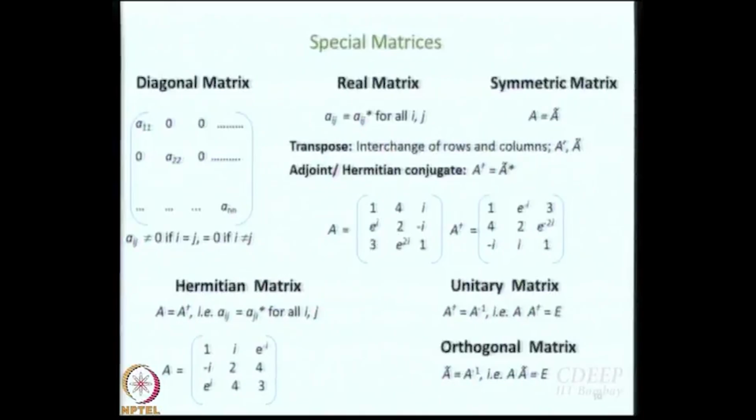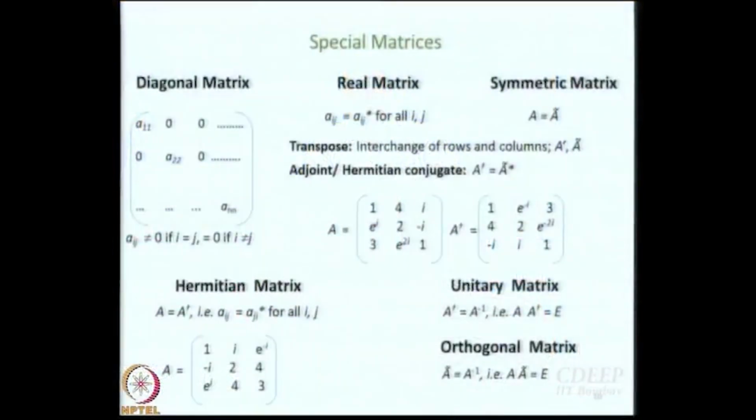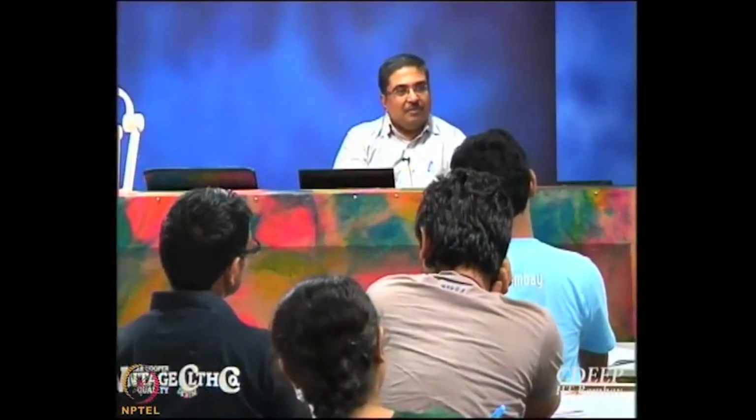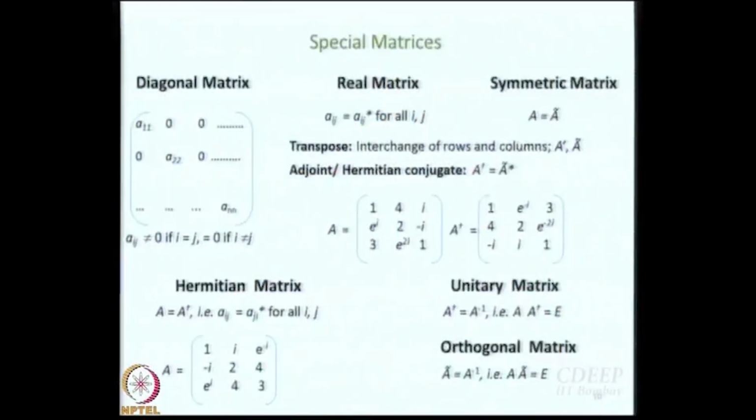Orthogonal matrices are really subsets of unitary matrices. When all the numbers are real, life becomes a little simpler, that is all. The only difference is that you do not have to worry about the complex conjugate, you are working with real numbers throughout. So, unitary is the general case, orthogonal is the special case.